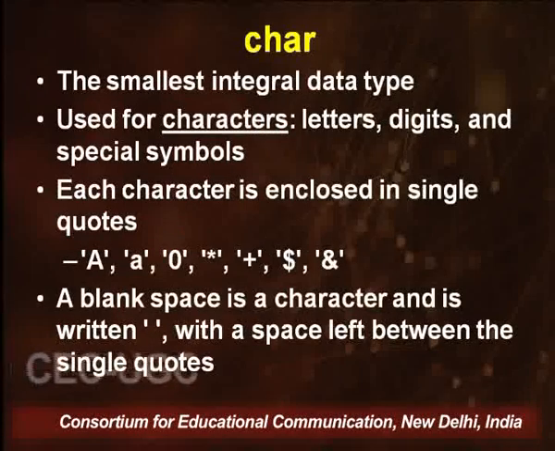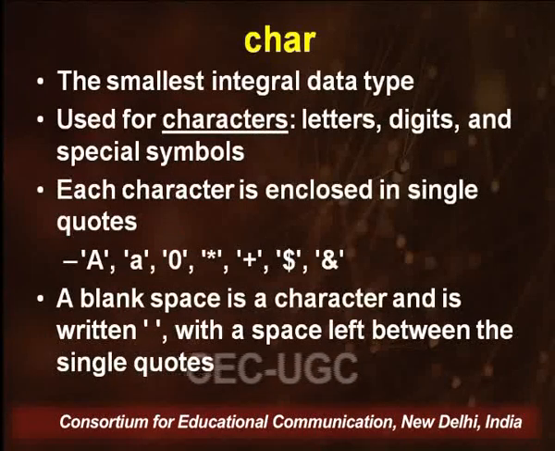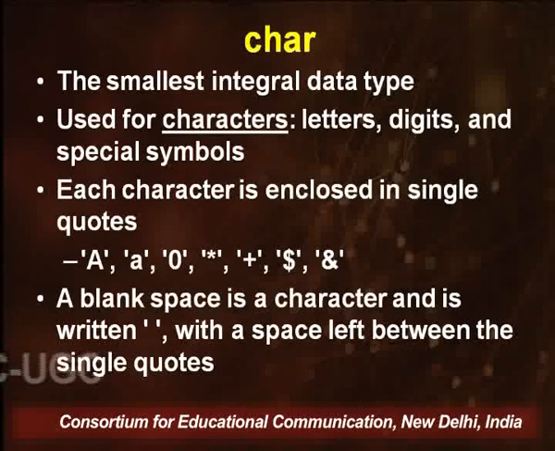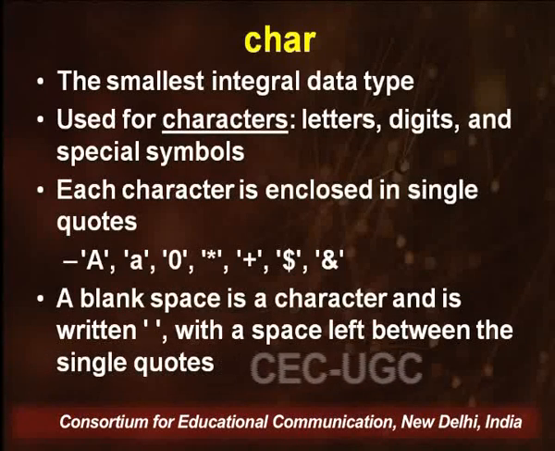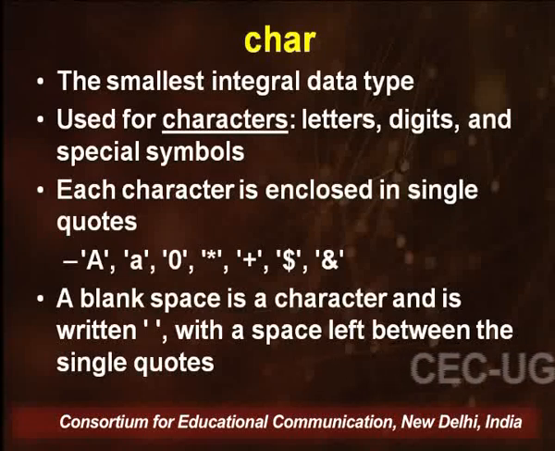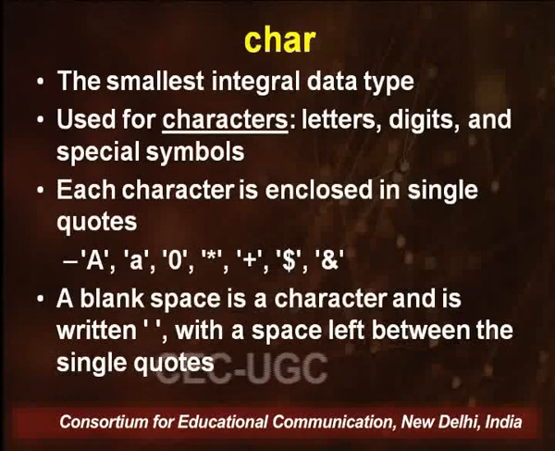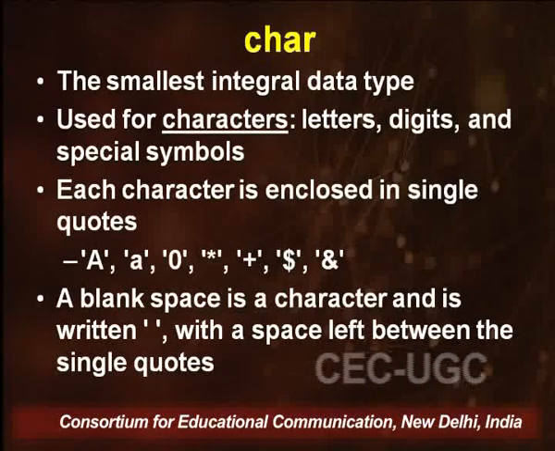Then within the integral data types, there is the smallest integer data type, which is character, and it is denoted by the keyword char, C-H-A-R. Basically it is used for characters, any type of printable characters you can see on your keyboard: any letters, any digits, or any special symbol.